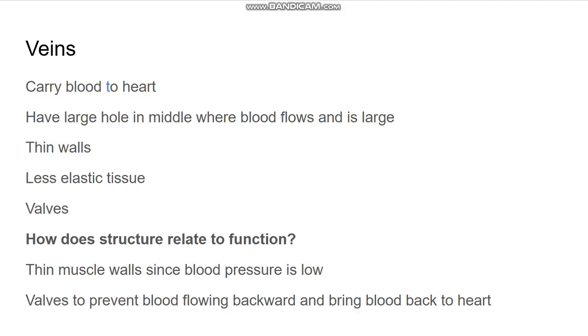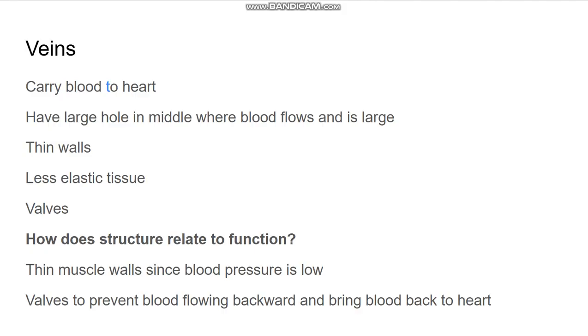And then veins carry blood to the heart. Arteries carry blood away from the heart, while veins carry blood to the heart. And it's basically the opposite of the arteries. As we know, in arteries there is a small hole called the lumen.